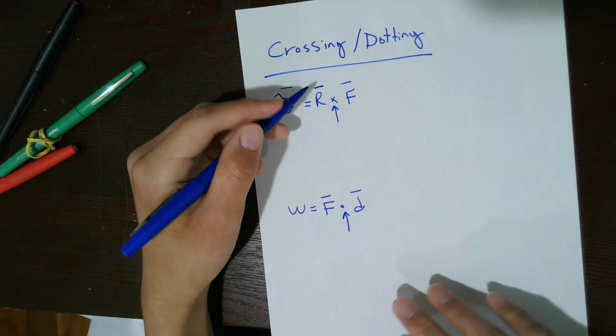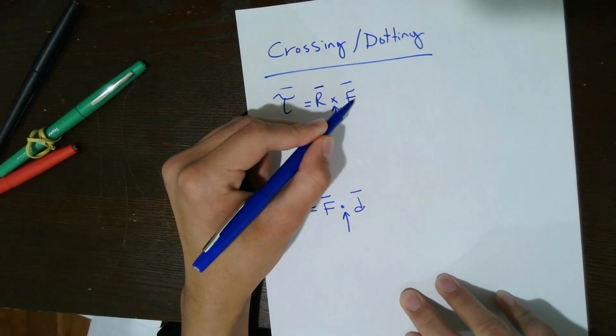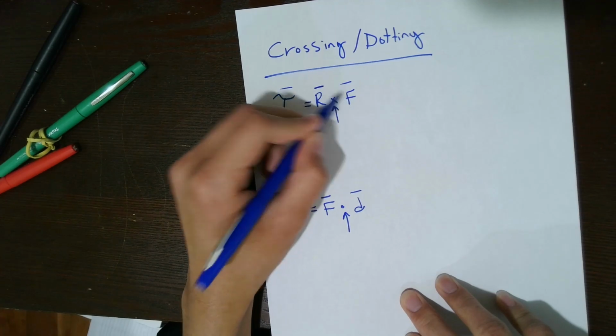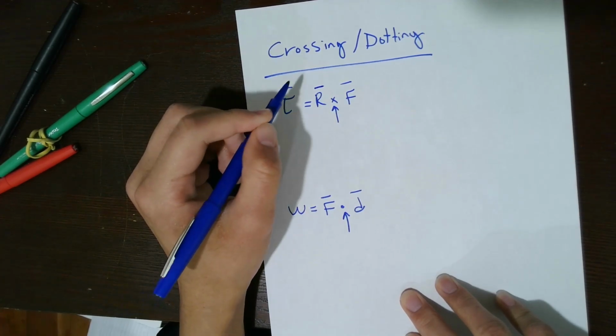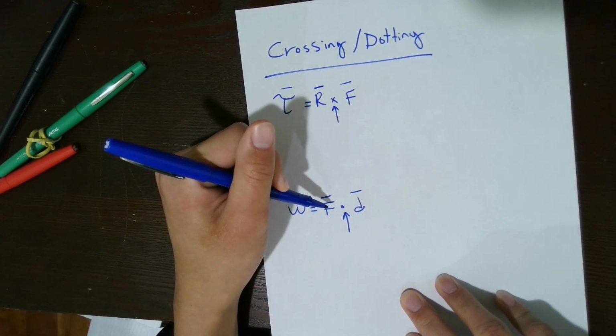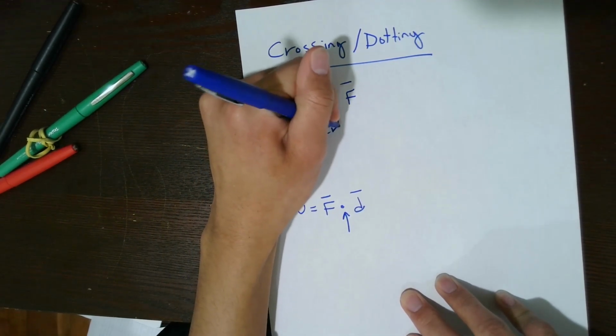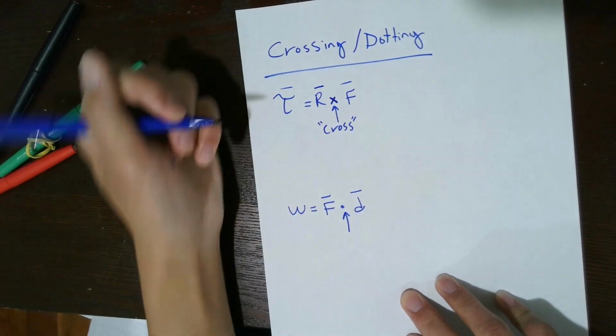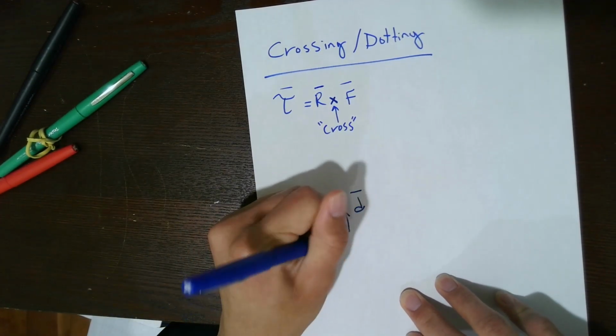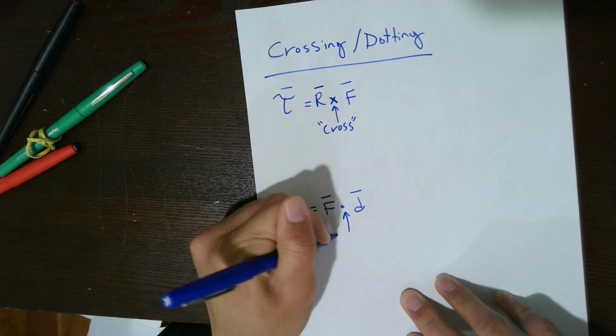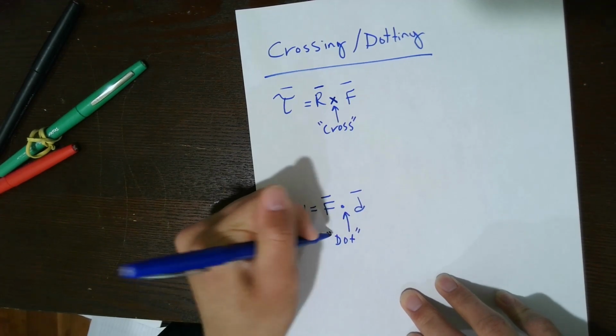Anytime you multiply two vectors together, so R is a vector and F is a vector, you have to decide which way you're going to multiply. This X symbol means cross multiplying. This dot down here means you're going to dot multiply it.